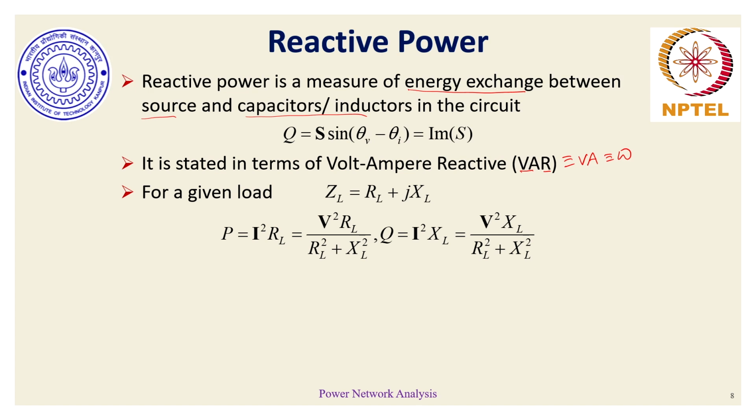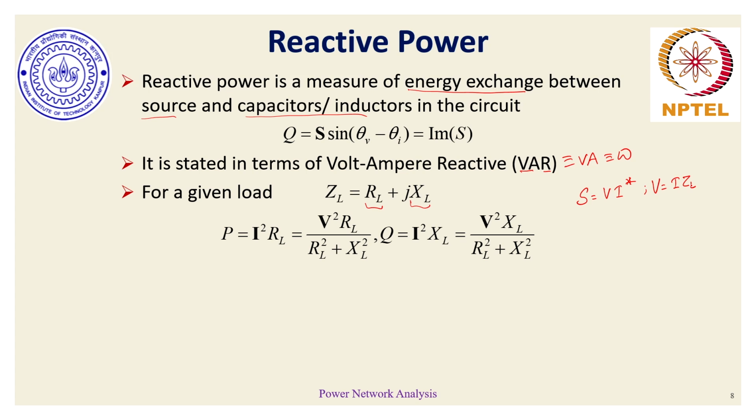For a given load which has some resistance RL and some inductance XL, we can correspondingly figure out our complex power. Given this load which is ZL, our complex power would be V into I conjugate, where if we apply KVL across this given load, then V would be I into ZL.